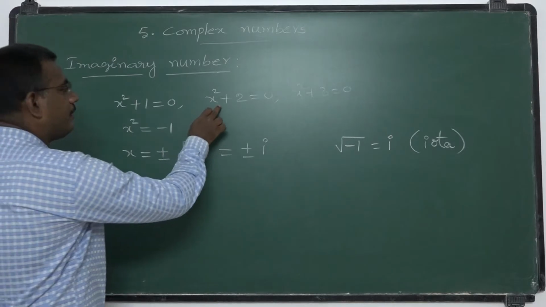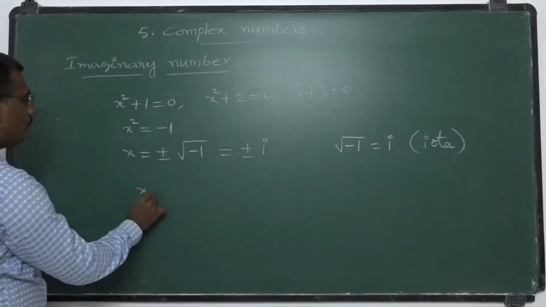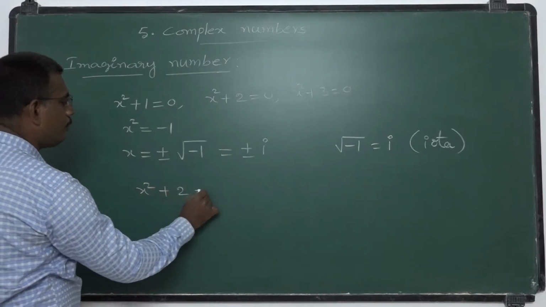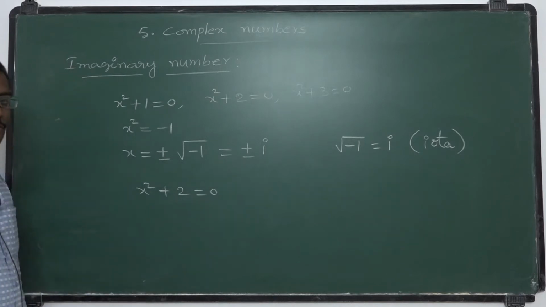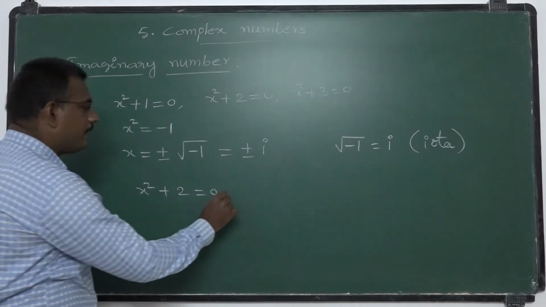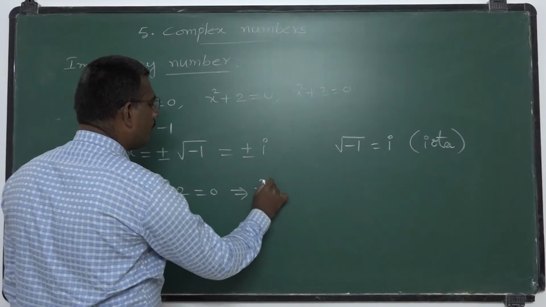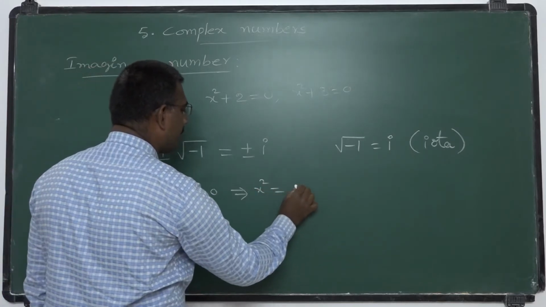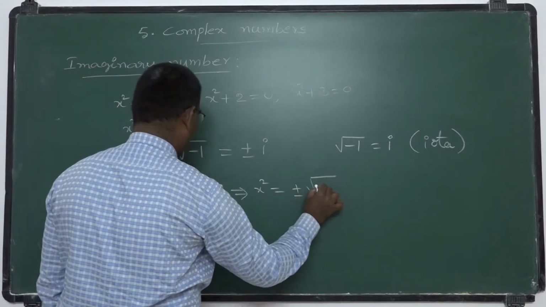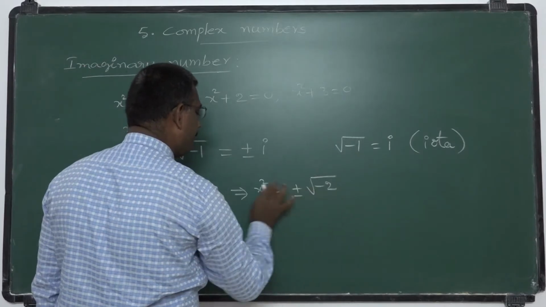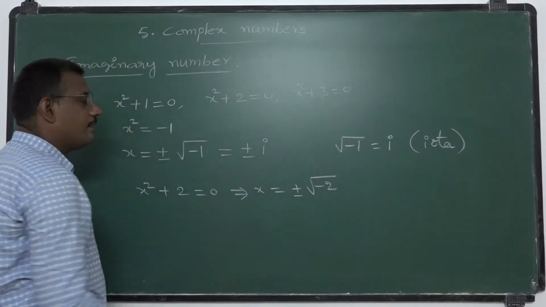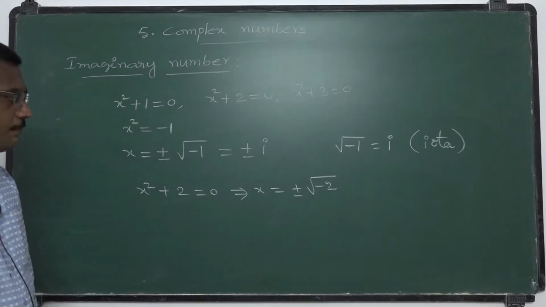Coming to the second equation, x square plus 2 equal to 0. That implies x square is equal to minus 2, so x equal to plus or minus square root of minus 2.